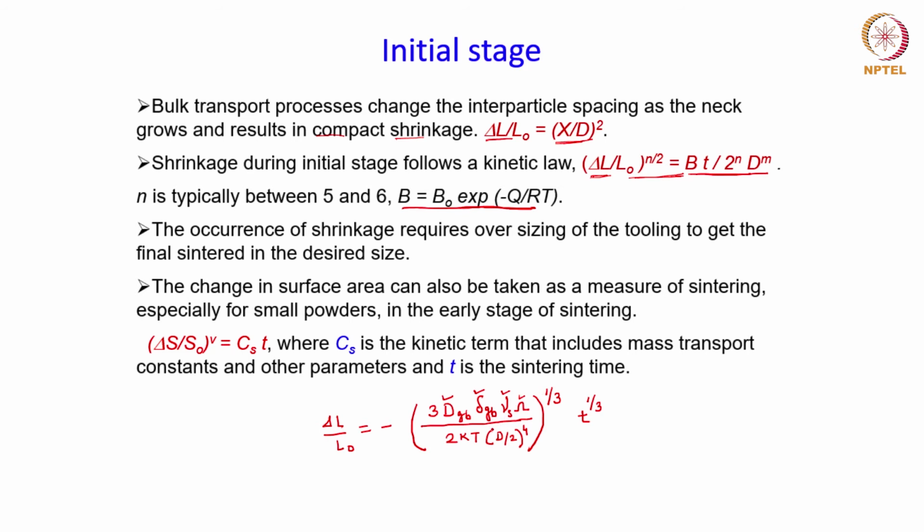So from here you can see that shrinkage scales with the 1/3 power of time. That's what you will get from this equation also if n is taken as 6.